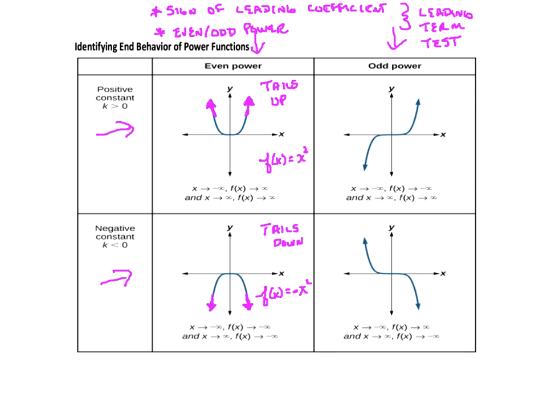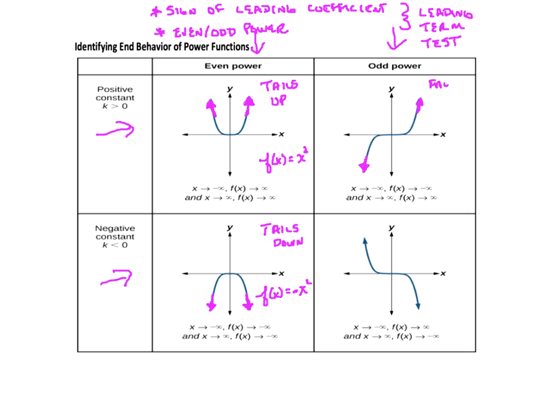And if the power is odd, if our leading coefficient is positive, we have what you can call falls left, rises right. And the most basic one of that is just the line.